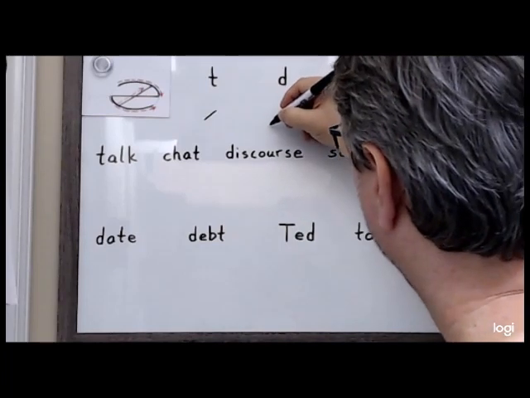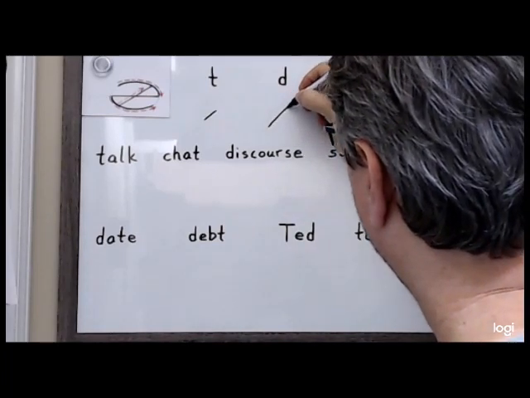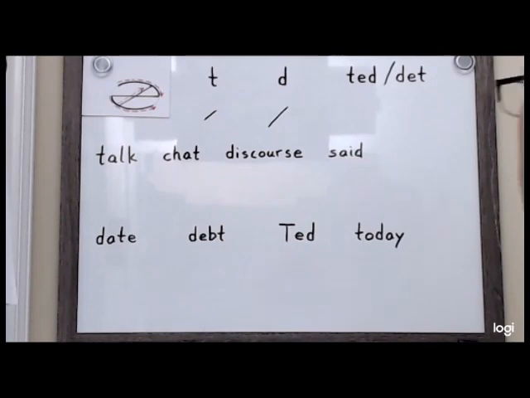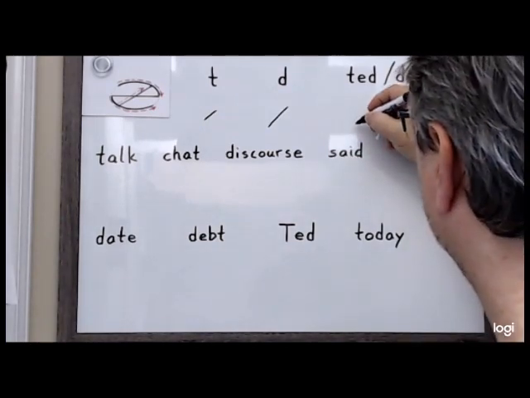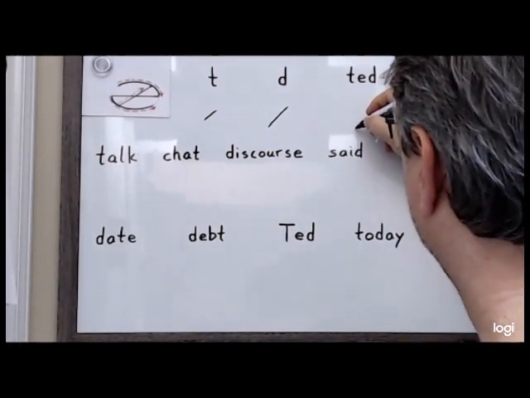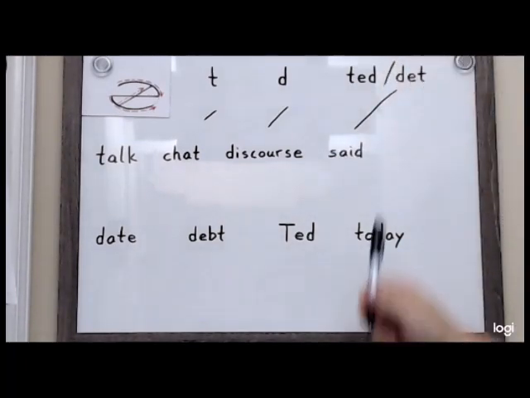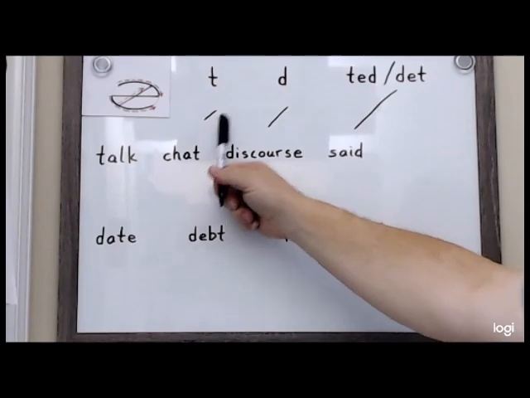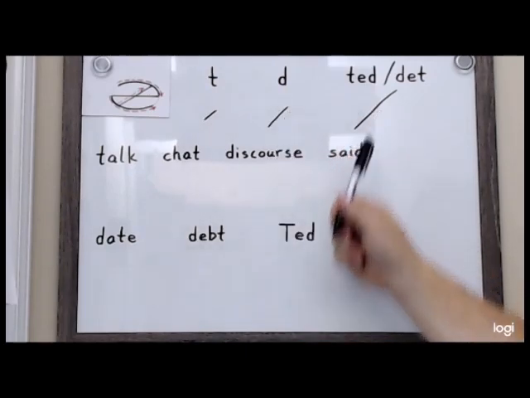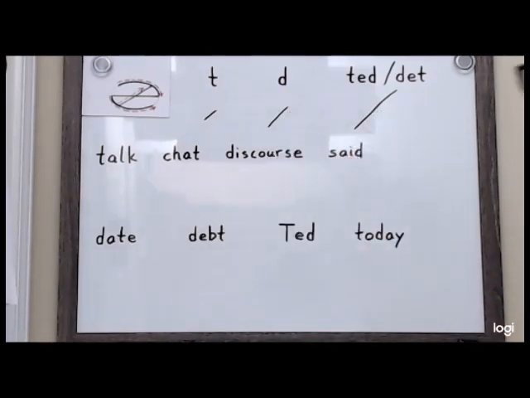The D, and also the TED or DET stroke. Again, small, medium, and large. And now we will incorporate these letters or characters into these words.